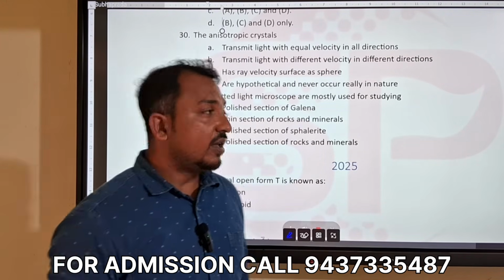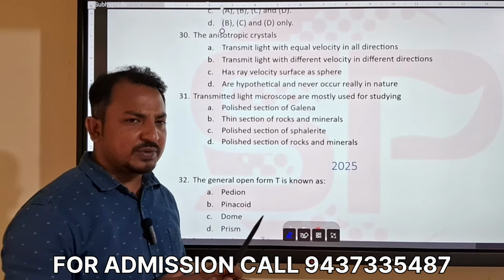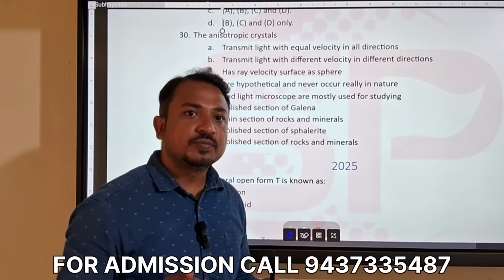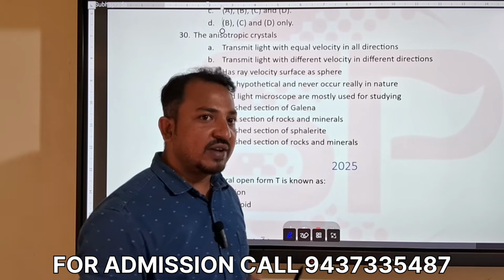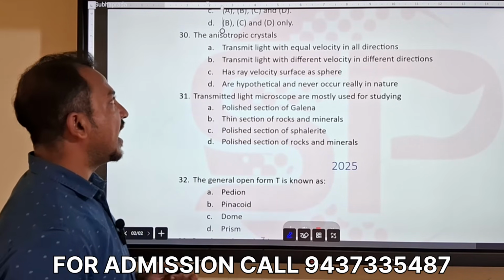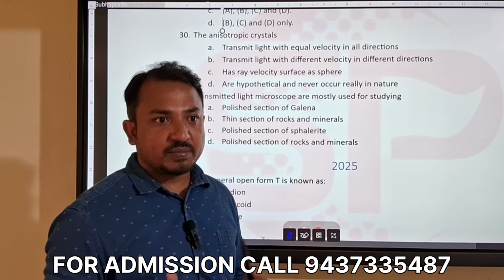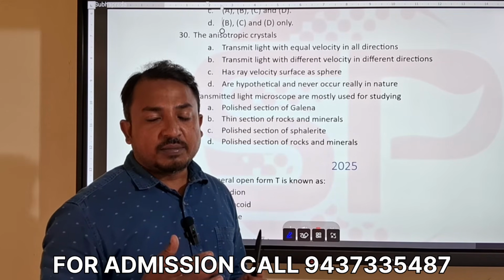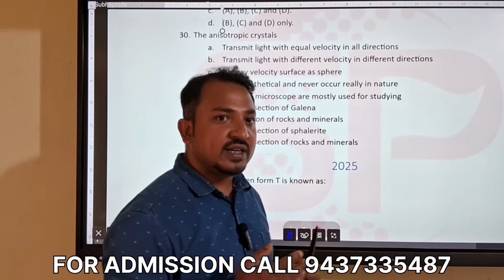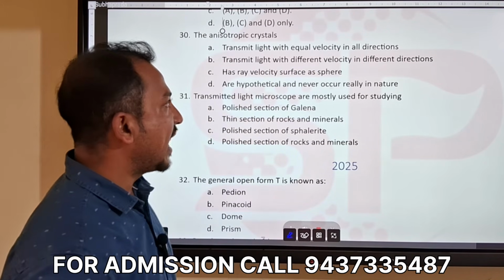The anisotropic crystal. So what is an anisotropic crystal? All crystals or minerals can be divided into two types: isotropic and anisotropic. When light traveling through a mineral vibrates equally in all directions, that is called isotropic. If it vibrates unequally, then it is called an anisotropic crystal. All the minerals that belong to the isometric system are isotropic, because isotropic minerals should have equal development in all directions. So any crystal system that has all equal crystallographic axes will be isotropic.